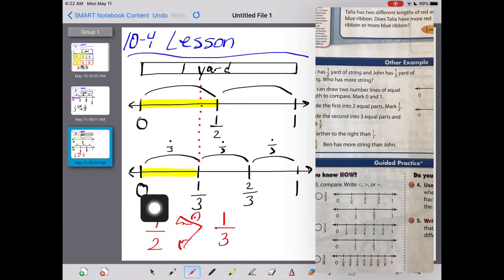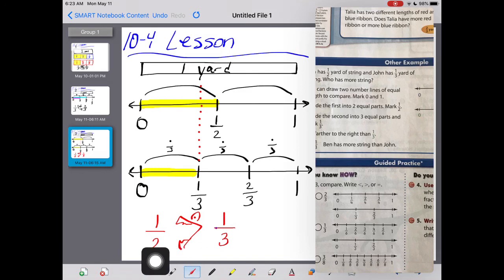And then when you compare here, now look at each one has only 1 piece, right? The numerator says 1, 1/2 to 1/3. The denominators are different, but remember what you know about the denominators? The smaller the denominator, the bigger the piece, right?